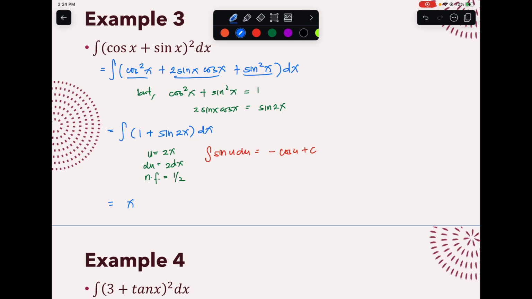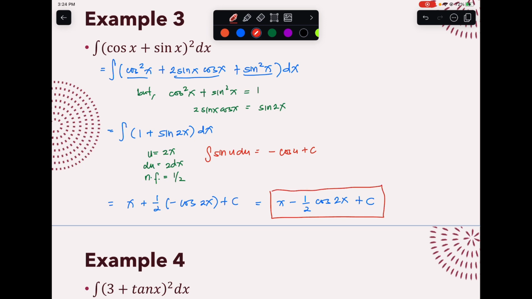For sine 2x, we have a neutralizing factor of 1/2, and the integral of sine is negative cosine, which is negative cosine of 2x plus c. Or simply x minus 1/2 cosine 2x plus c. And that will be our final answer.